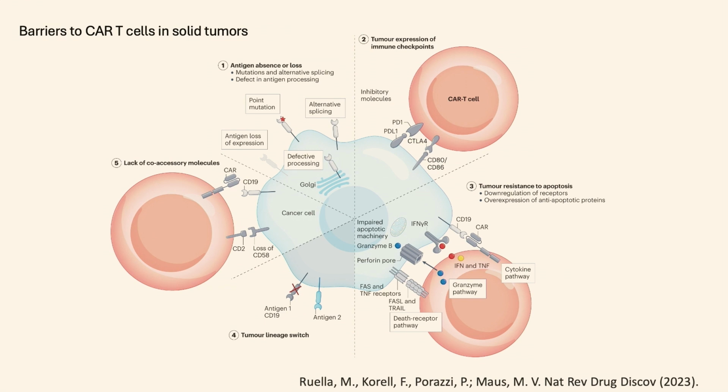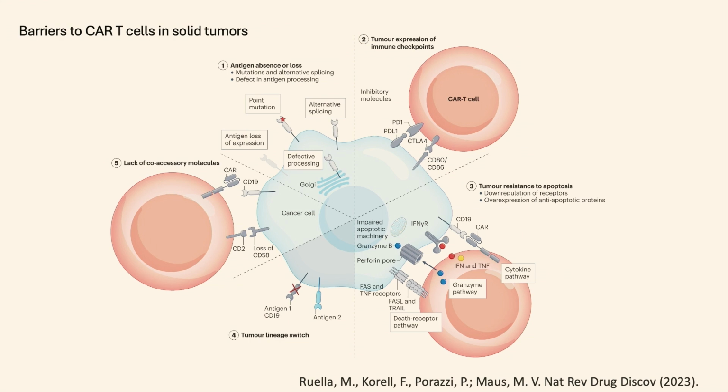Also, we have the upregulation of inhibitory molecules such as PD-L1 or CD86. And then there is a dysfunctional apoptotic machinery that affects the ability of the T cells to induce killing of the tumor cells.